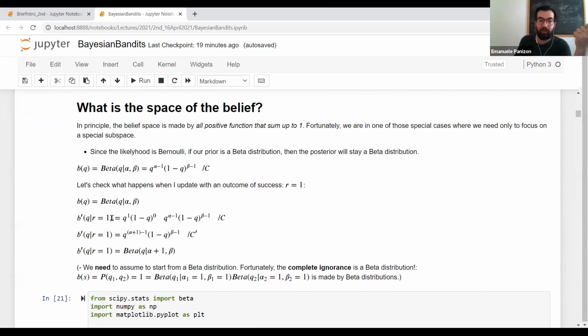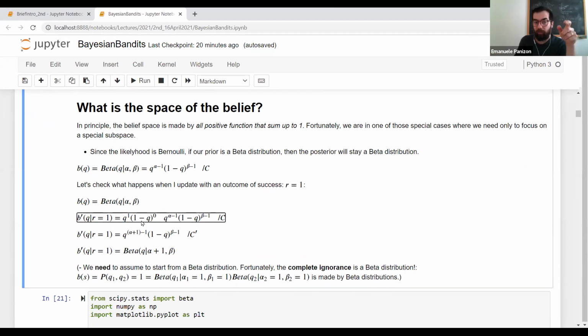What is my update? The first part is the likelihood, Q times (1 minus Q) to the 0, and then I have my beta, and then a normalizing factor. So this just means that my Q, which was to the alpha minus 1, now is to the alpha plus 1 minus 1, and the part with beta stays the same.